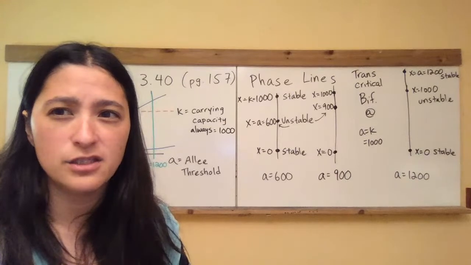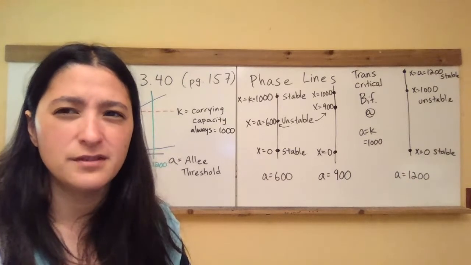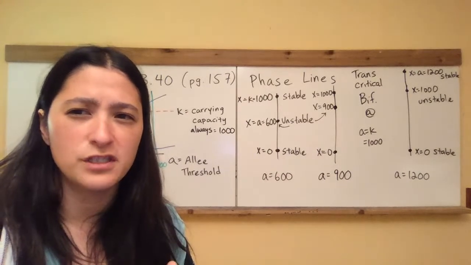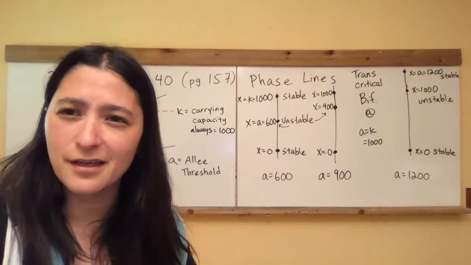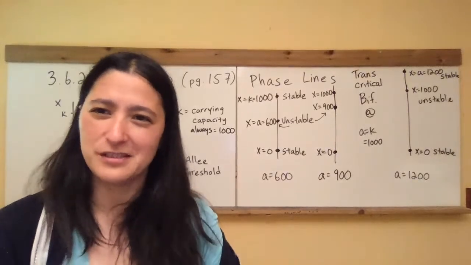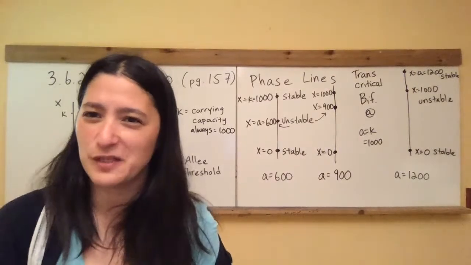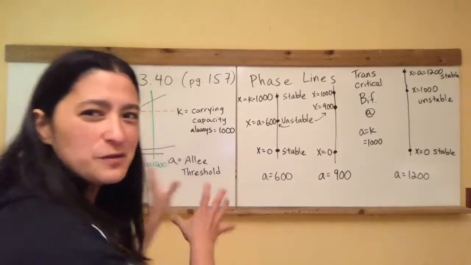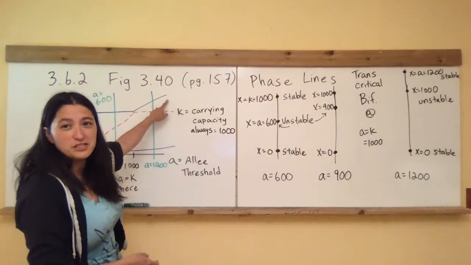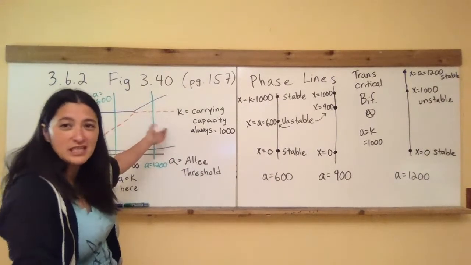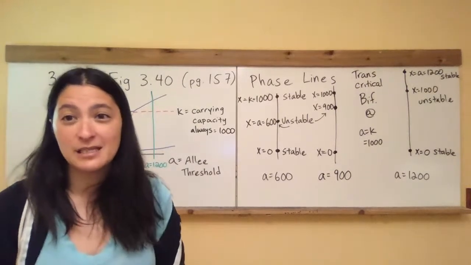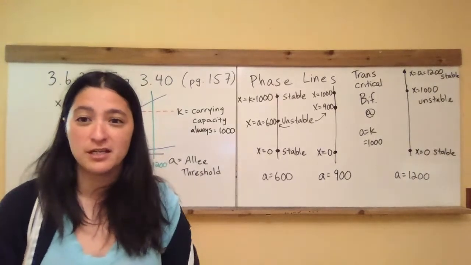So when A is greater than K, you're telling me that the number of the species needed for it to survive needs to be higher than the carrying capacity itself. But that doesn't make sense, because the environment is only able to sustain the amount of the carrying capacity. That's what carrying capacity means. So to go through this bifurcation and say my LE threshold has to be all the way up here, which is higher than my environment can even sustain population-wise, I just don't see how that's a realistic example. Maybe it is and I'm missing something, but that's just my initial thoughts on that.